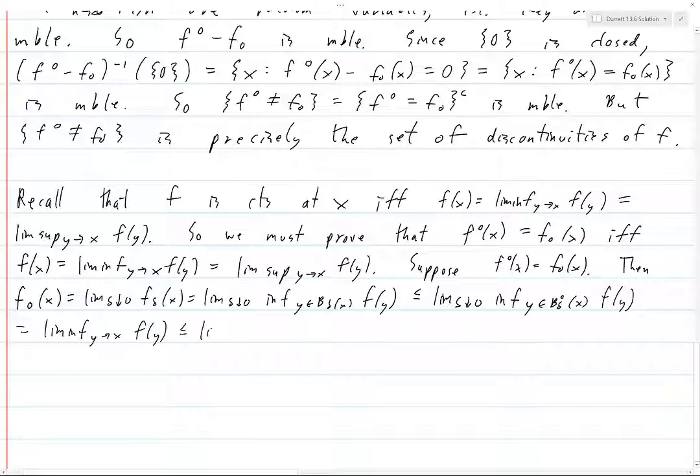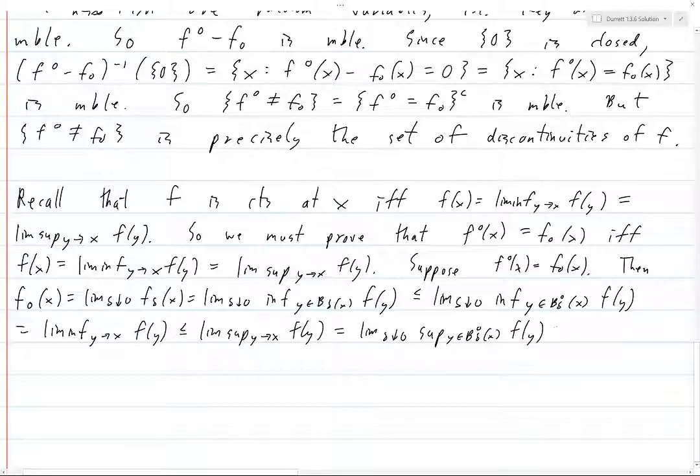The lim_inf is always less than or equal to the lim sup as y goes to x of f of y. And this, recall, is the limit as delta decreases to 0 of the supremum of y in the ball of radius delta punctured at x of f of y. And now we want to include f of x back in here.